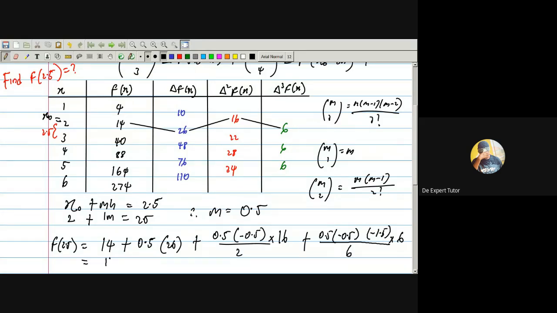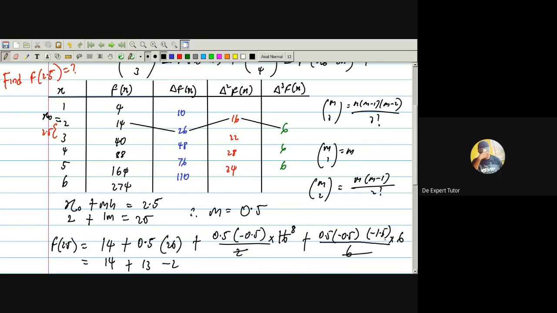So this will give me 14 plus, what's 0.5 times 2? That's times 26, that'll give me 13. That's half of it. So 2 here will give me 8, and 8 of this one will give me minus 2. Yes, minus 2.